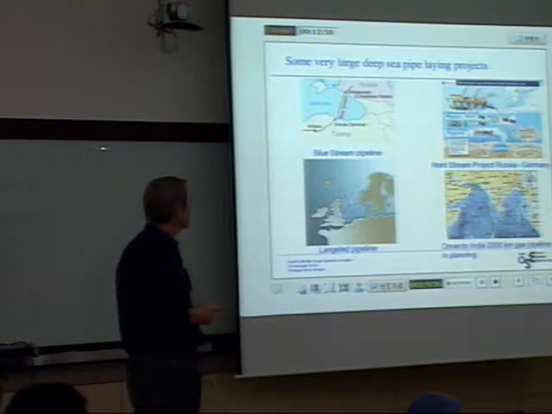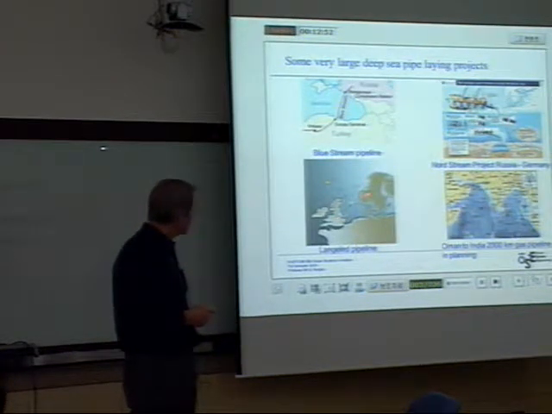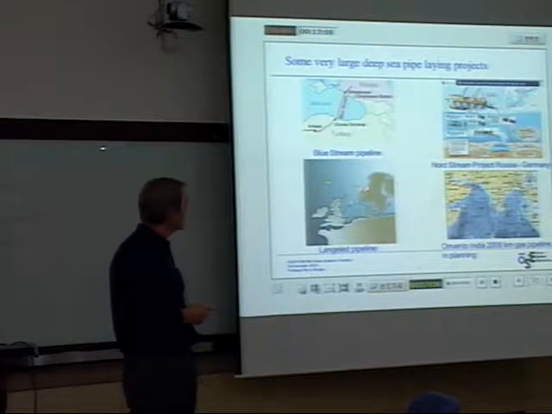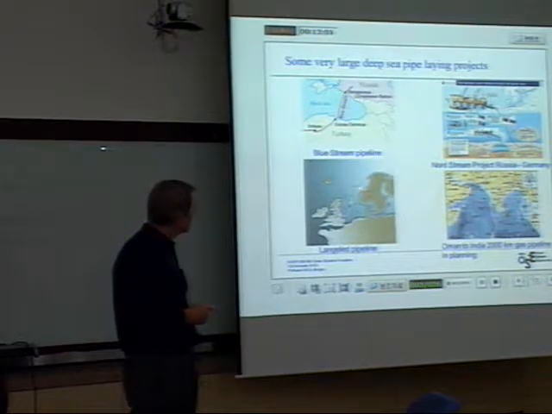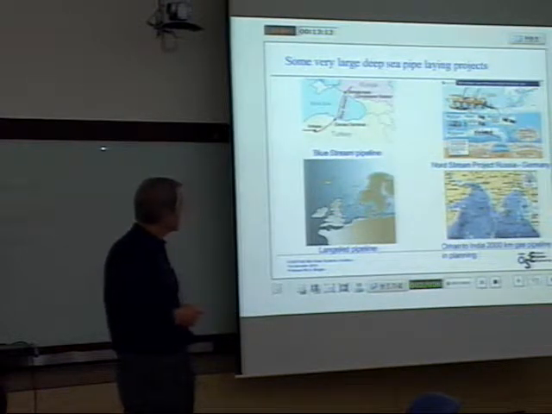And there's one that has just been finished from Norway to England. So the gas is first taken to shore, and that is the Ormen Lange project. I'll talk a little bit about that. And then it's shipped all the way, you see, to Great Britain.